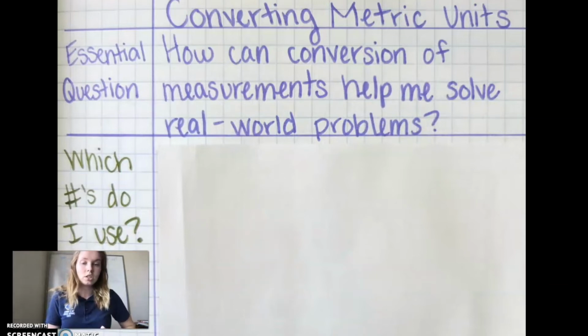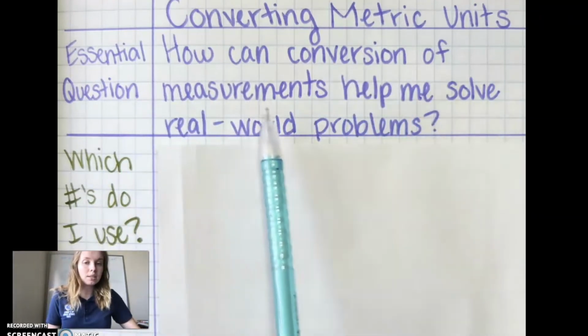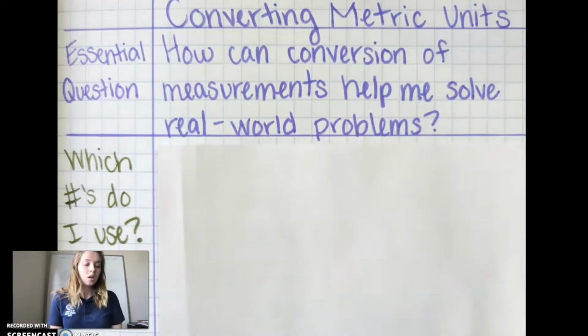The essential question today is, how can conversion of measurements help me solve real-world problems? I just read the essential question to you, so I really want to go through it a little bit and make sure we understand what it means. So conversion of measurements is exactly what we've been doing for the past month with the customary units.